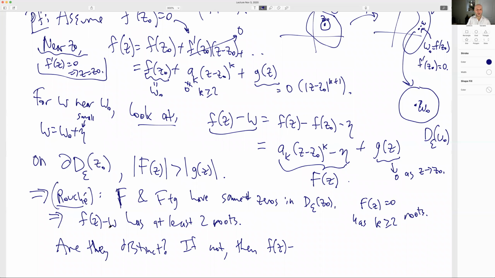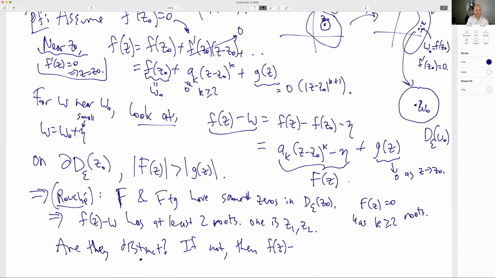You'll be able to factor more factors of z minus z0 out of the power series. Well, this is no longer at z0. It's at wherever. I don't know what the pre-image of w is. At some point, f of z minus w has at least 2 roots. Let's say that the 2 roots are z1 and z2.